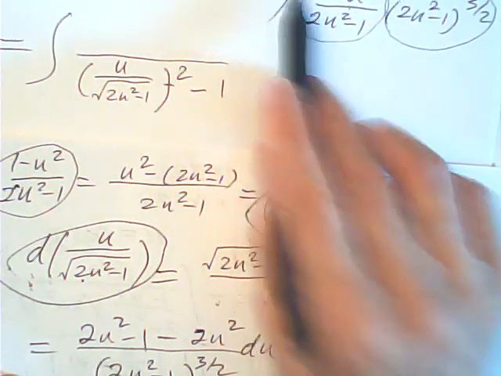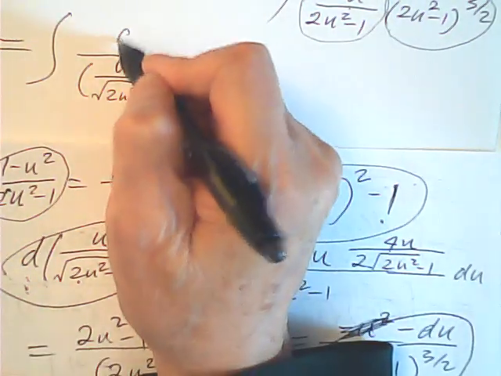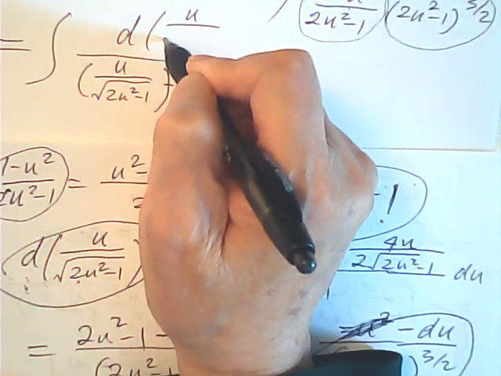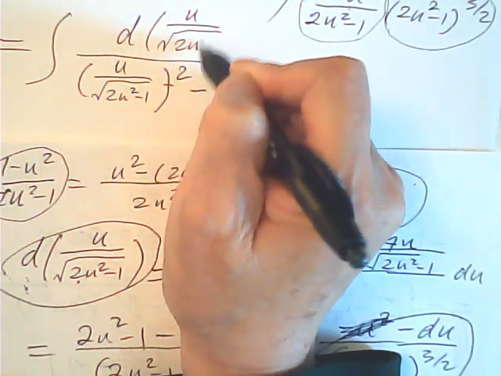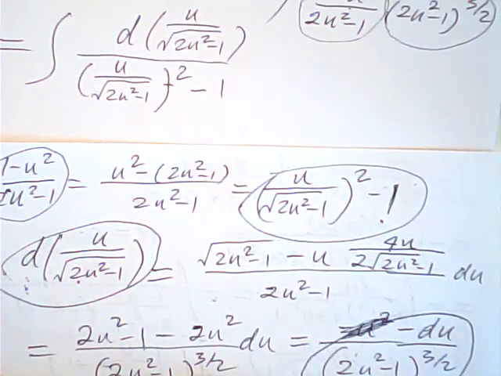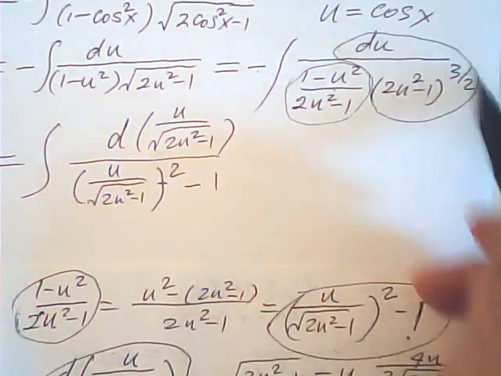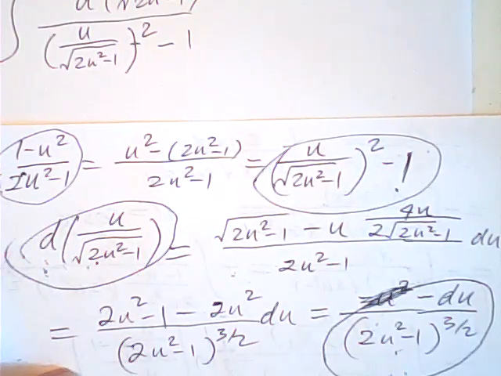I do have a negative, so to cancel the negative, it becomes d of u over the square root of 2u squared minus 1. Okay. So this one is equal to negative that. That will work out.